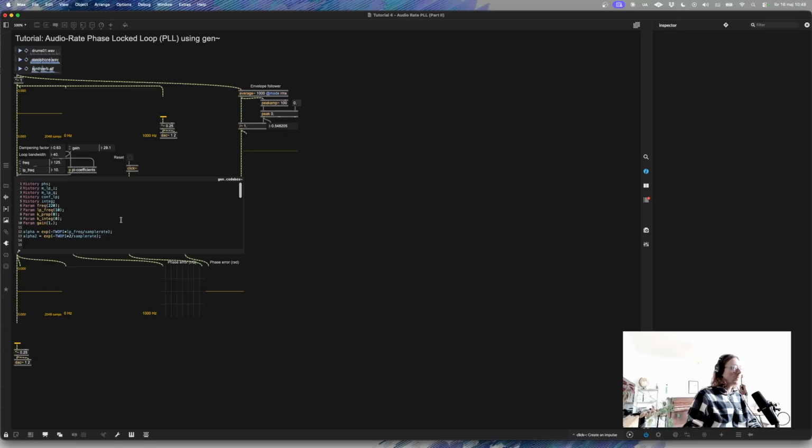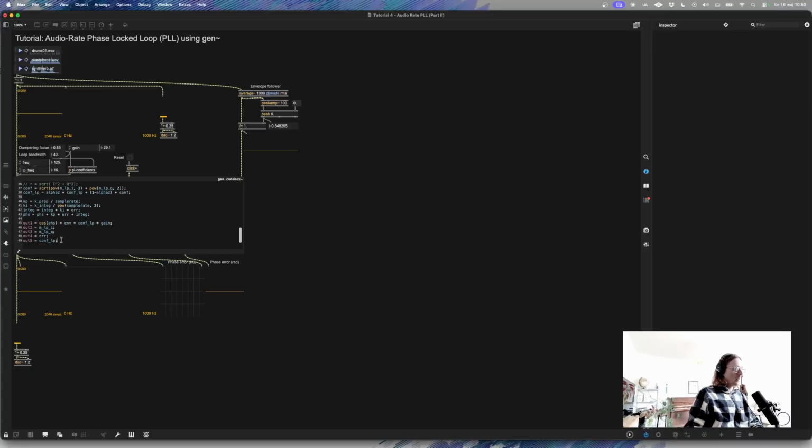And the good thing about the PLL is that we have here both the in-phase and the quadrature component of the NCO in the PLL. And this is exactly what is needed to do frequency shifting.